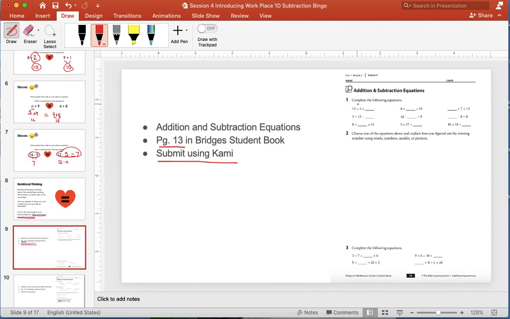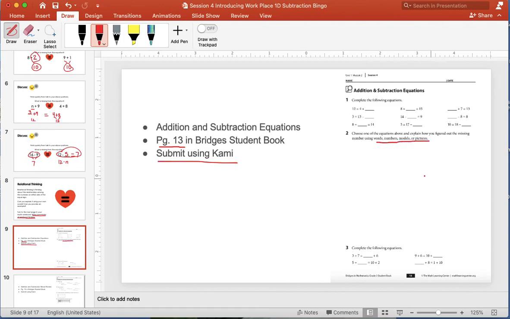So number 1 says, complete the following equations. All you're going to do is just complete those equations, just like we did at the beginning of this lesson. Then for number 2, you are going to choose one of these equations and explain how you figured out the missing number using words, numbers, models, or pictures.